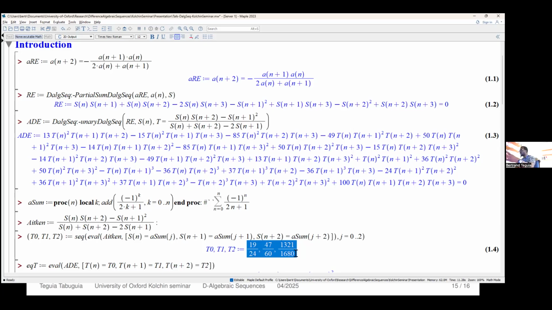Because the Aitken transformation will give you another sequence that will converge, and all those will be rational numbers. Sometimes the rational numbers can have not many digits, I would say, and then be the best approximation to the limit.